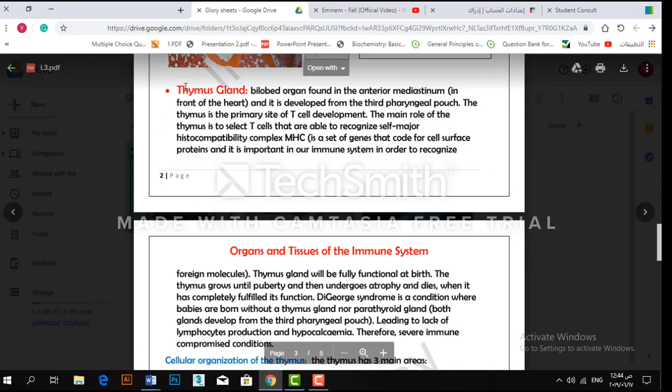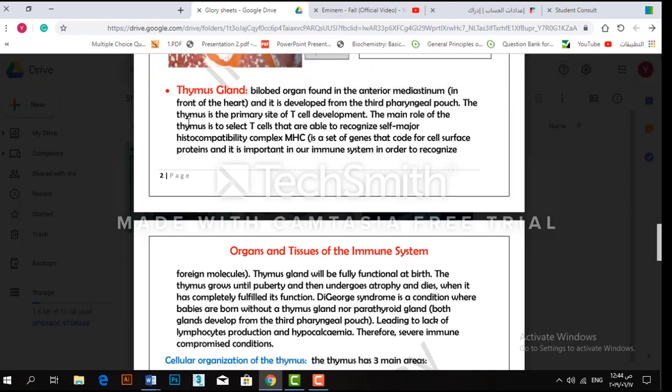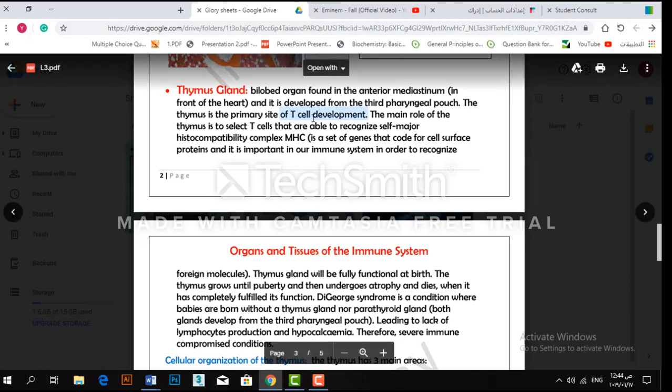Okay, let's talk about the thymus gland. The thymus gland is the second primary lymphoid organ in our body. As we know, the thymus gland is a bilobed organ found in the anterior mediastinum, in front of the heart, and it develops from the third pharyngeal pouch. The thymus is the primary site of T cell development.